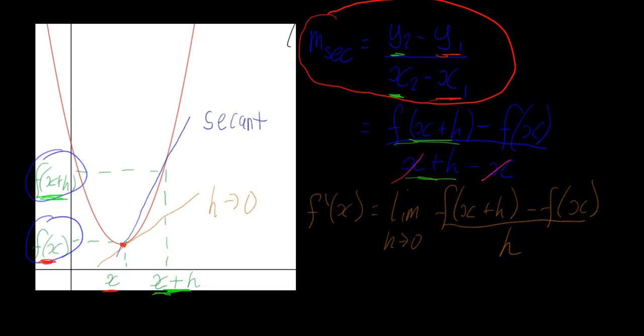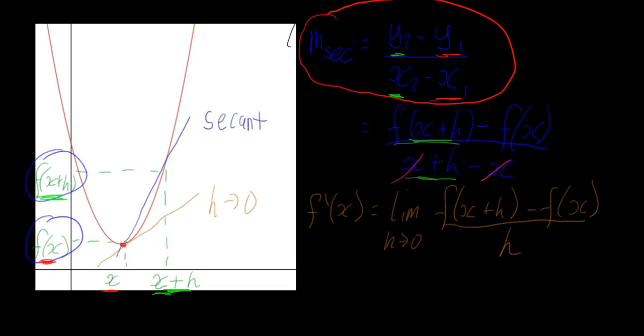And we want to subtract y2 by y1, and then x2 subtracted by x1. So at the bottom you can see that you have both the x's cancelled out, and at the top you're left with f of x plus h minus f of x. Now this is simply the average rate of change between these two points.